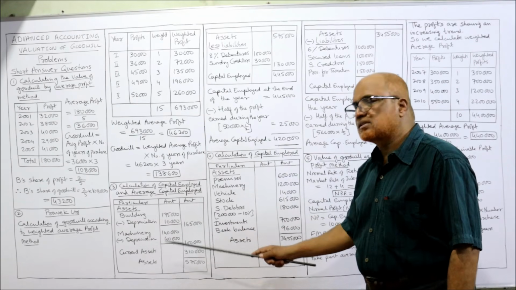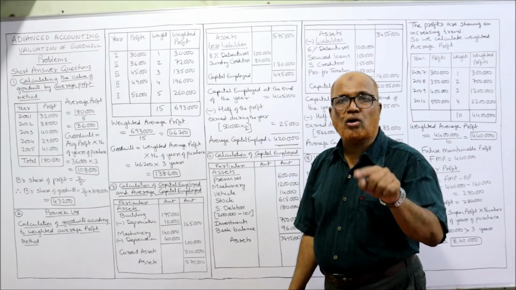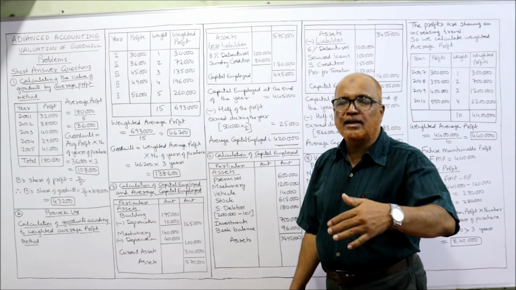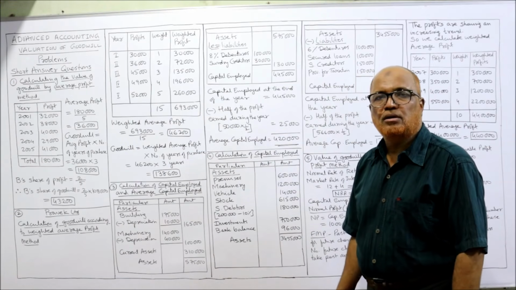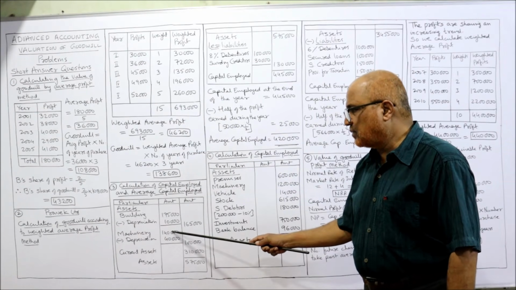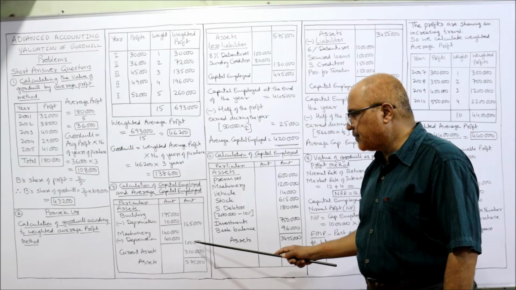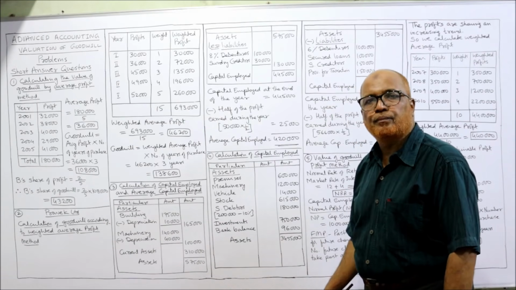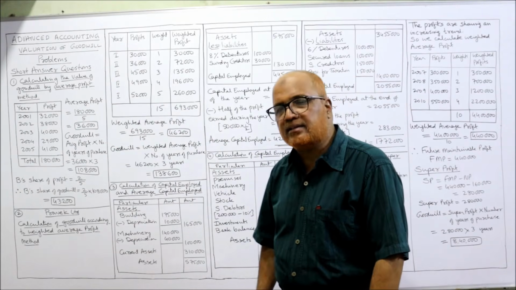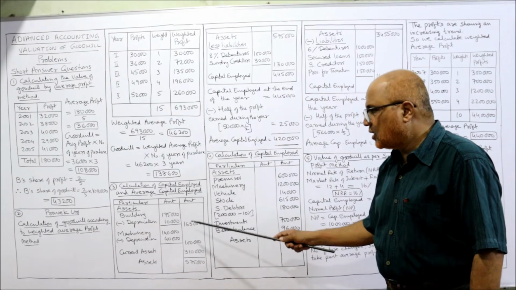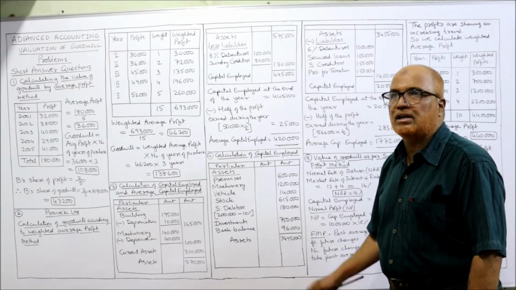Machinery on the asset side is given 1,40,000. That is the cost. And accumulated depreciation is given on the liability side as 40,000. So deduct cost minus depreciation, then 1 lakh rupees is the book value. Now current assets as it is, whatever is given in the problem, 3,10,000. The total of the assets is 5,75,000.